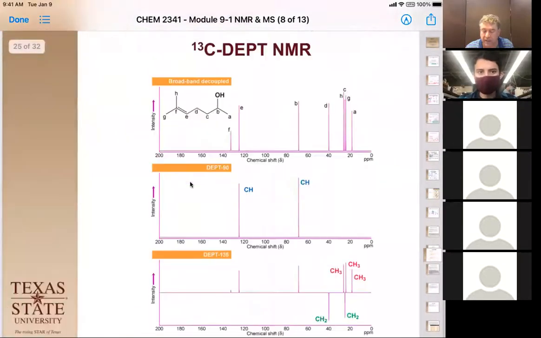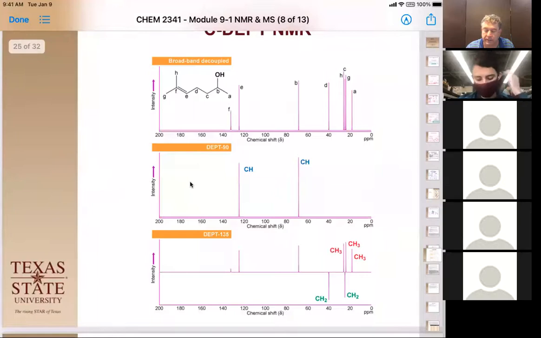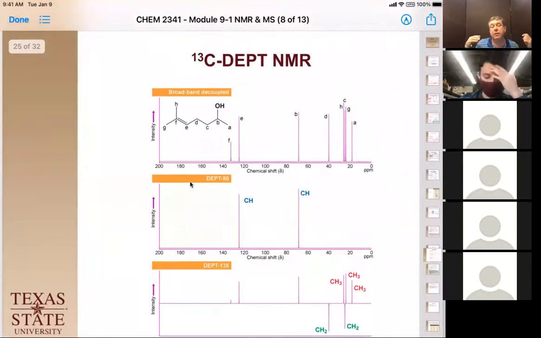So what's really cool is in the carbon NMR, we can do what's called a DEPT experiment. The DEPT experiment is looking for attached protons. By changing the way we do the experiment and waiting different amounts of time, because they all relax at different rates, we can actually tell whether you have 1 hydrogen, 2 hydrogens, or 3 hydrogens on your carbon.